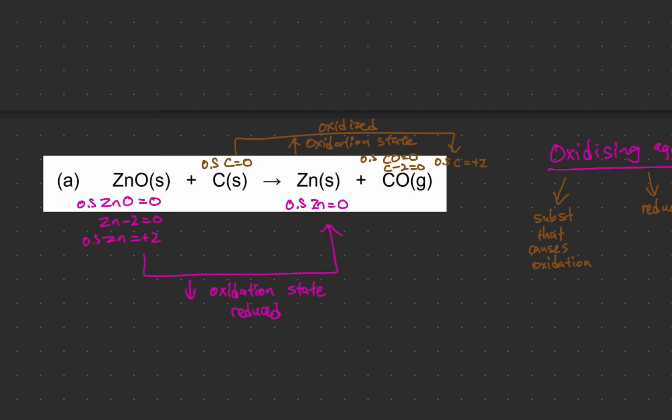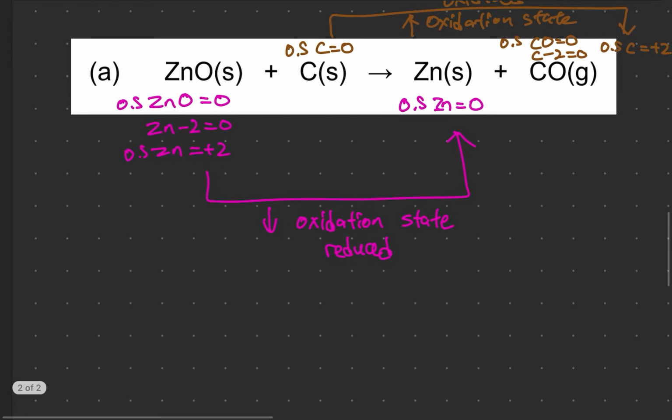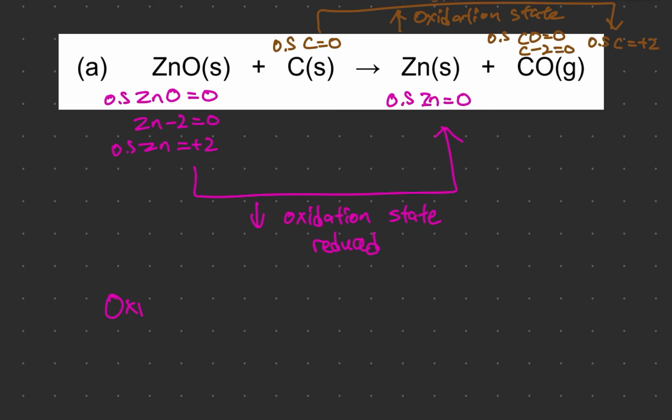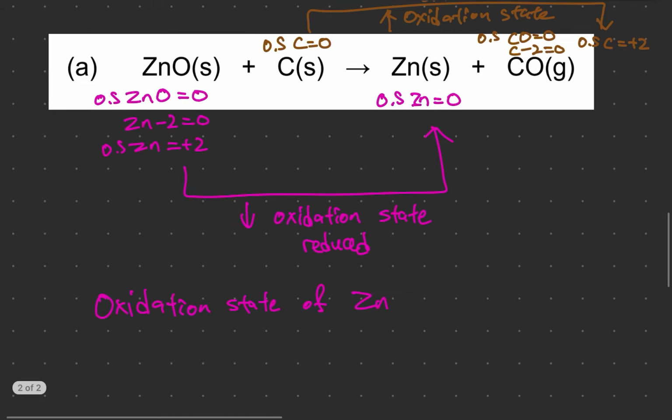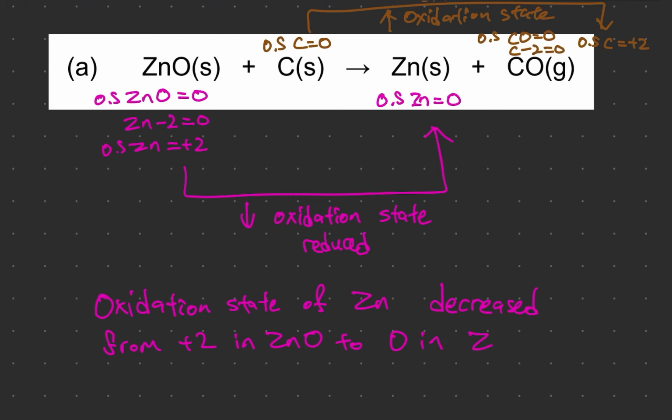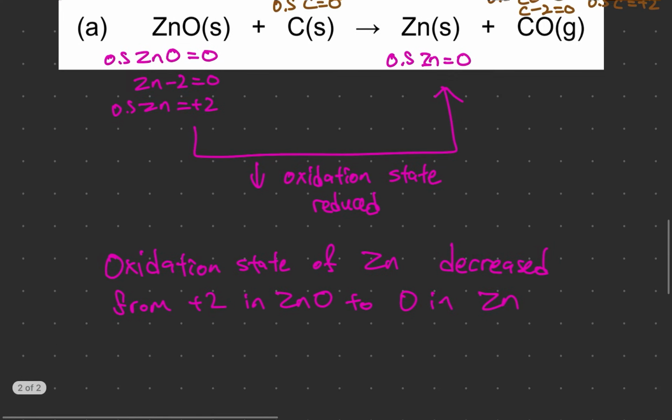Alright? So from this, we can say that because the oxidation state of zinc decreased from positive 2 in zinc oxide to 0 in zinc, we can say that zinc oxide has been reduced.